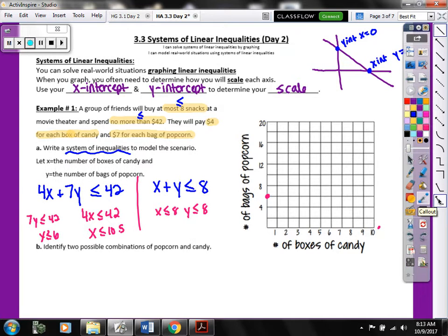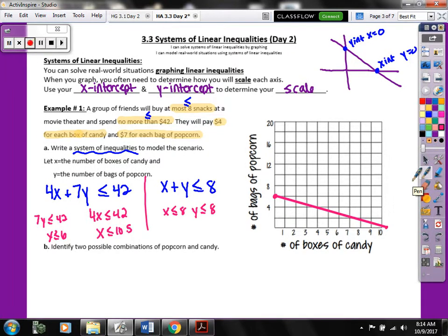Now, we will use a segment, actually, because we can't have negative candy or popcorn. And then for the other one, we'll do 8 and 8 are both the intercepts.